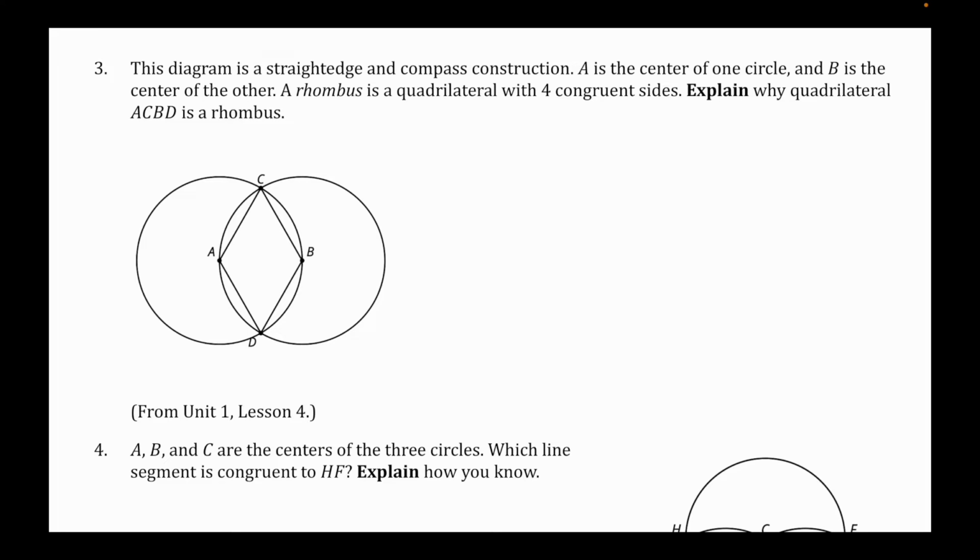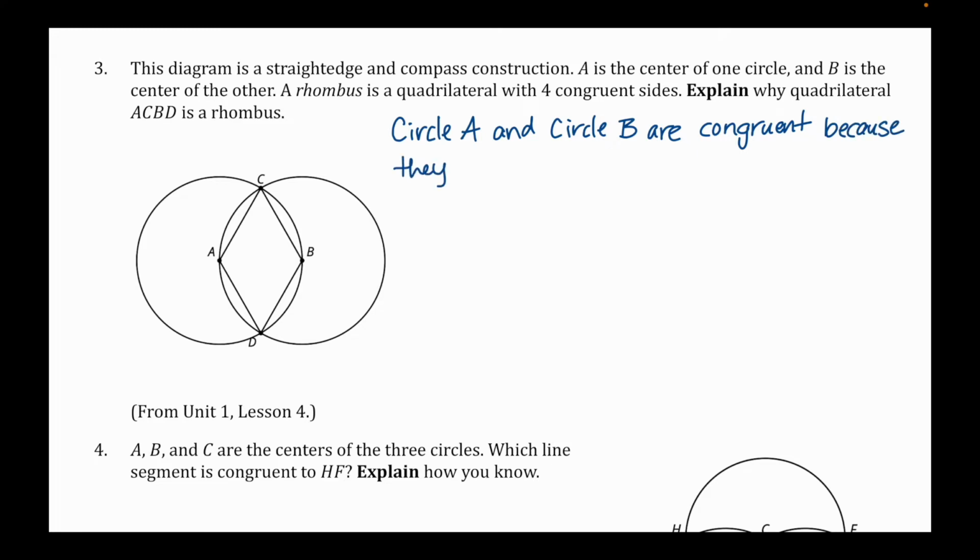So I am going to first start off by stating that circle A and circle B are congruent because they both pass through each other's center.